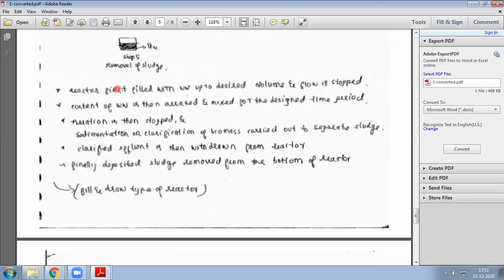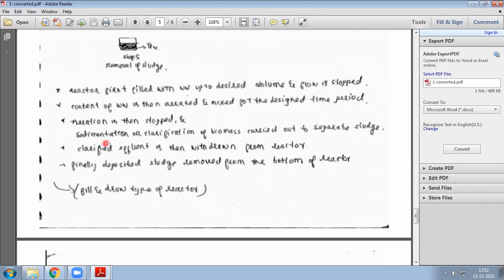The reactor is first filled with wastewater up to the desired volume and the flow is stopped. So they will stop the flow once it fills up to the desired volume. Next, the content of wastewater is then aerated, so they start giving oxygen to it, and mixed for the design time period. It will mix all the wastewater with air.